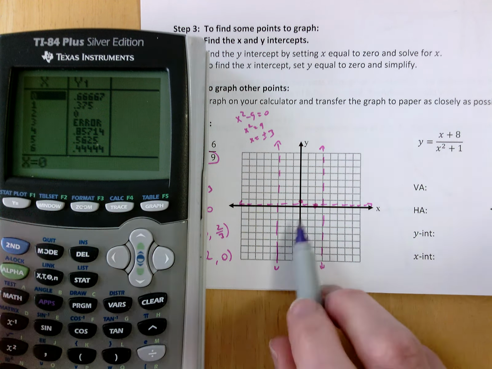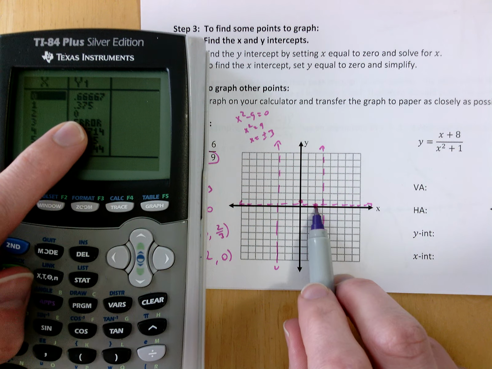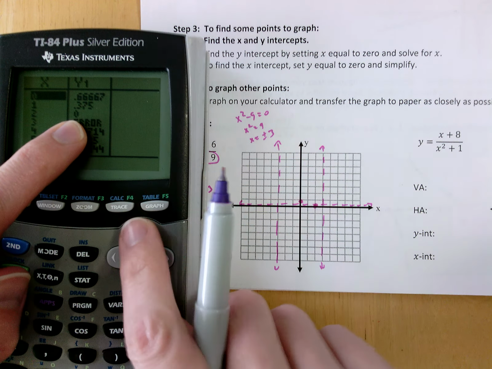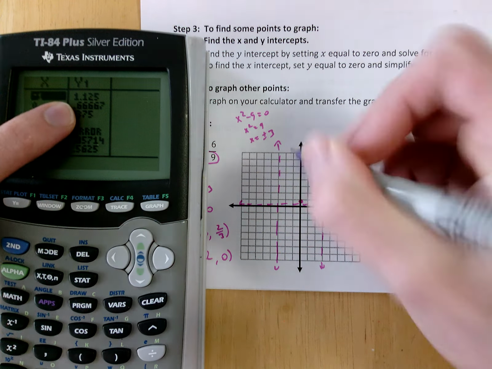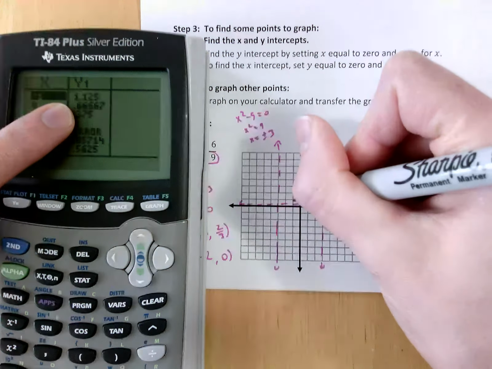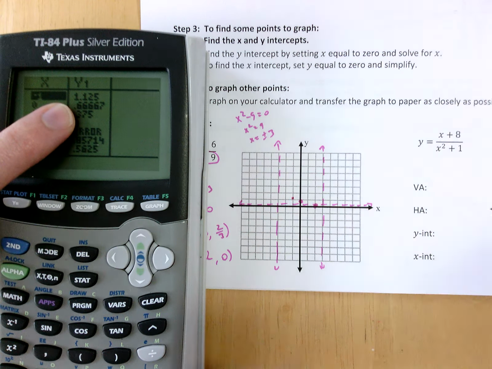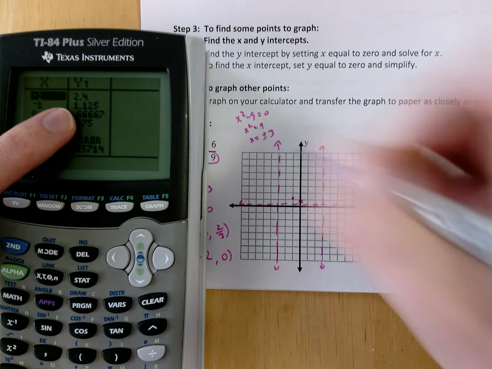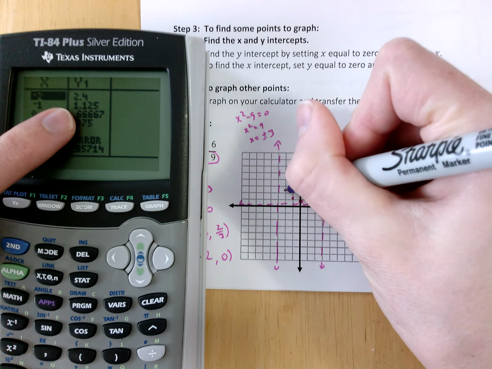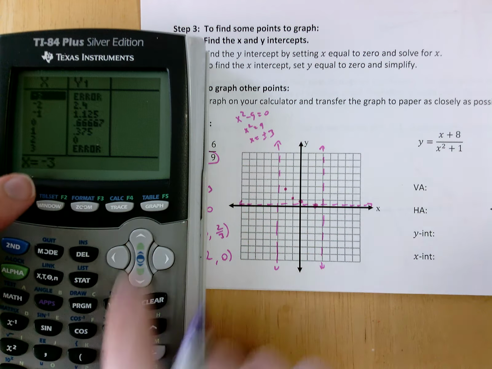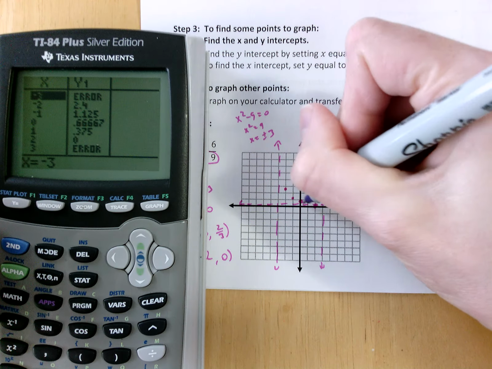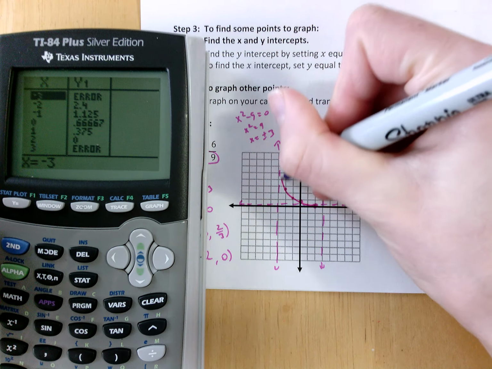Like 2, 0 has a whole number there, so I'd use that one. Then looking at these, at -1 it was up just above 1, so I'm going to add -1 just above 1, right? And then at -2, it was just above about 2.5, right? And then there's that error. So that gives me an idea that this graph is going like this here.